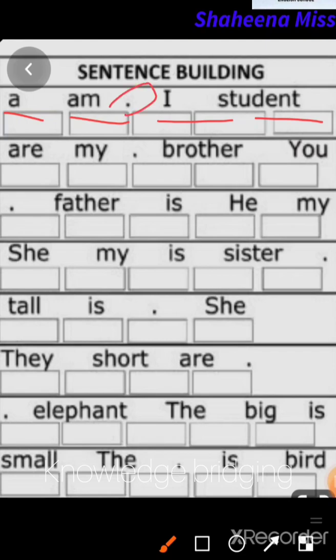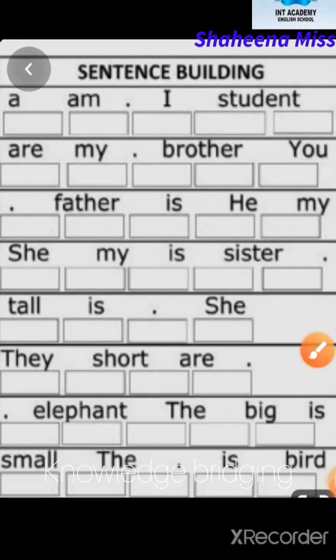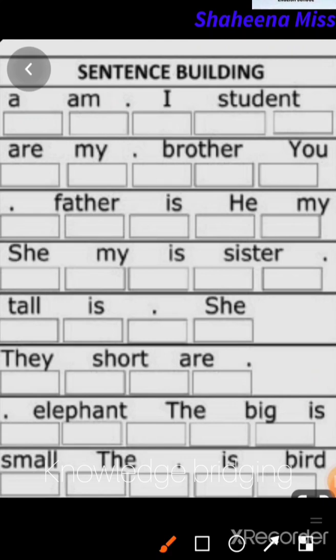You can see there is a full stop also. So if you make a sentence like, am full stop I student, it is not going to make any sense. For making sense you have to arrange the words properly. What will be the sentence?